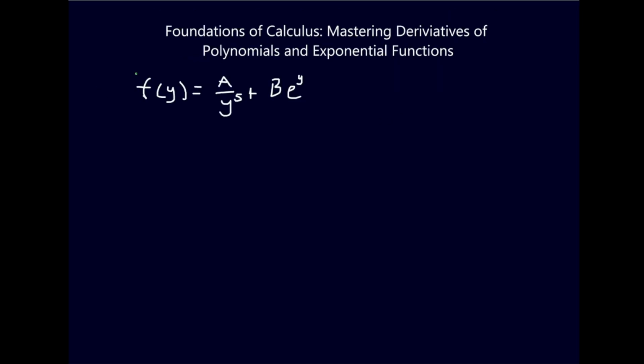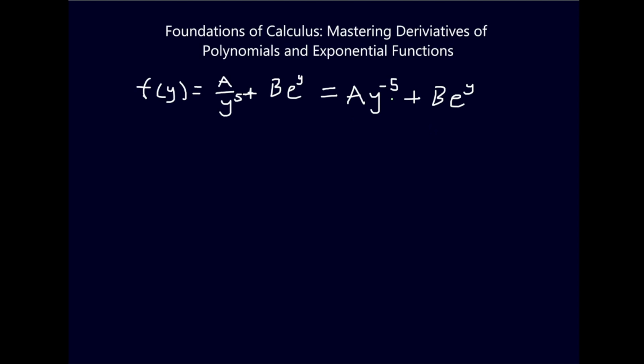Okay, so our first example, the function f of y equals a over y to the 5 plus b e to the y. Let's rewrite this a little bit first so it's a little bit more familiar. So we have a constant a times y to the negative 5 plus b e to the y.